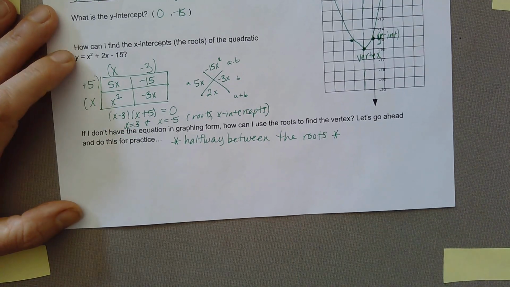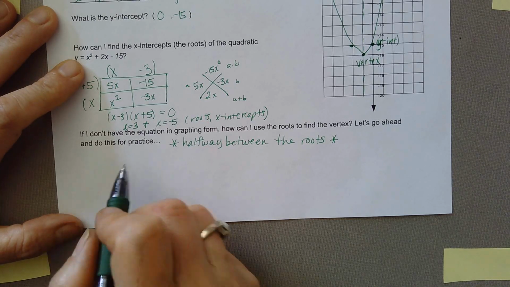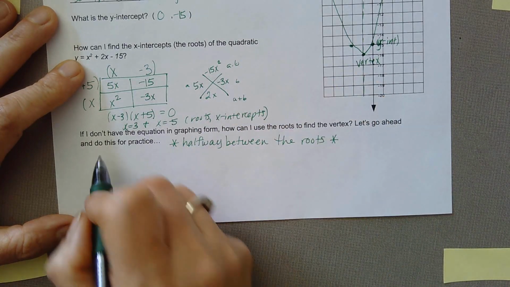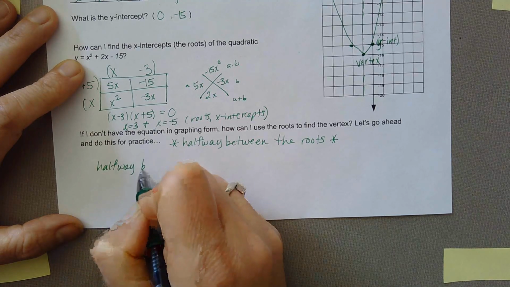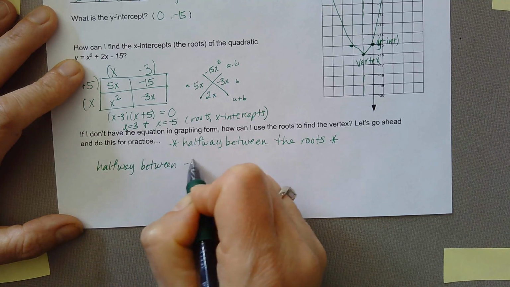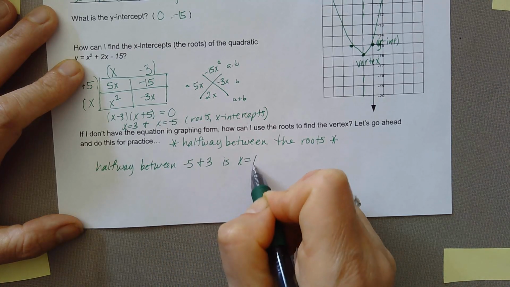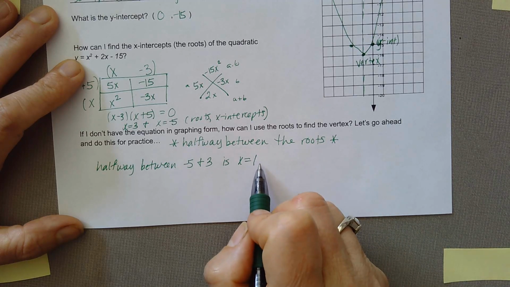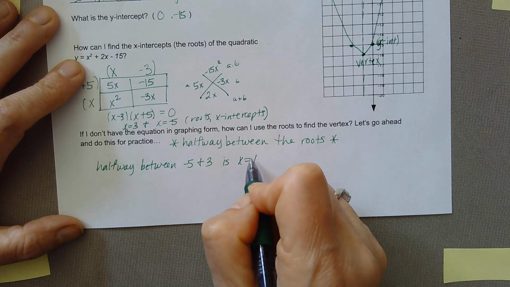So what is halfway between 3 and negative 5? Well, that means 4 apart, so halfway between negative 5 and 3 is x equals negative 1. So this is the x value of my vertex.